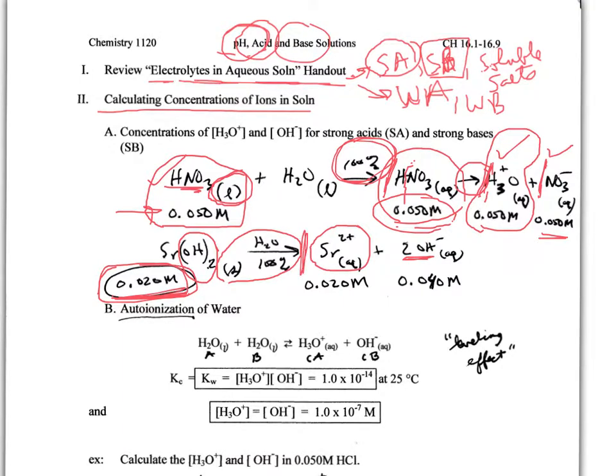Notice that in the stoichiometric calculation, the strontium is in a 1-to-1 ratio, so the concentration of the strontium ions is 0.020. Not really worried about that right now. The main one here is what pertains to being a base: the concentration of the hydroxide ions is going to be 0.040, a 1-to-2 ratio, because you had 2 hydroxides for every 1 mole of strontium hydroxide. Now, why is this important?